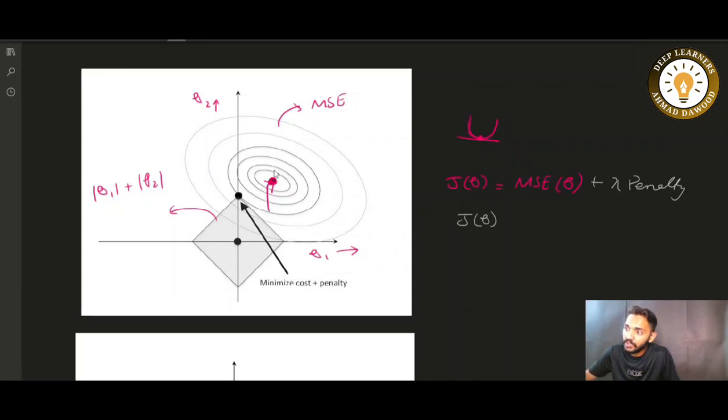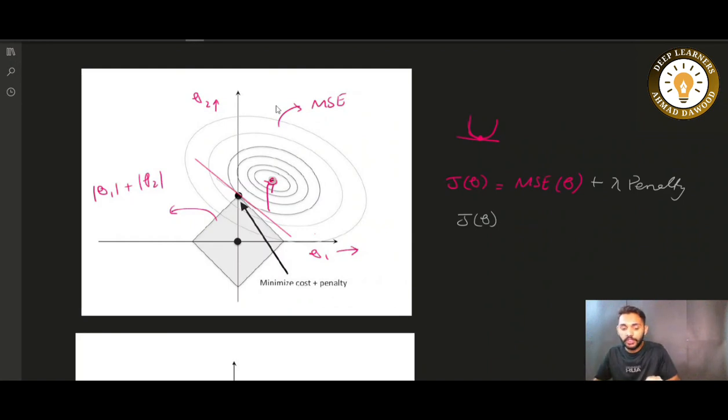Previously, our g of theta was minimum at this position. Now it will be minimum at this position, where it overlaps with our penalty.